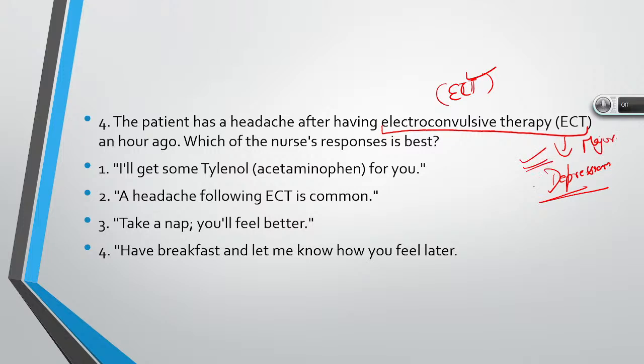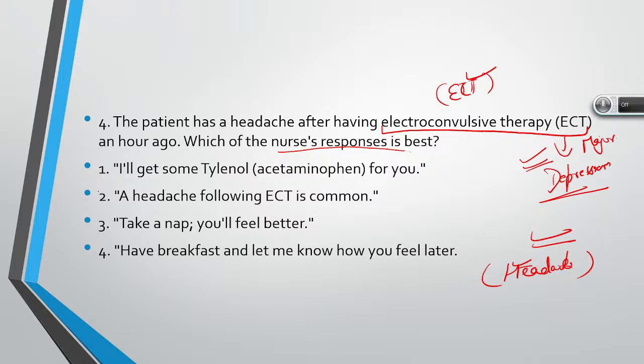A client having major depression undergoes ECT. Now what is the question asking, which nurse response is the best? We know some complications of ECT, like retrograde amnesia and headache. These are the basic complications of ECT. Headache is the first complication after ECT here. So for the complication of headache, which nurse response will be best?